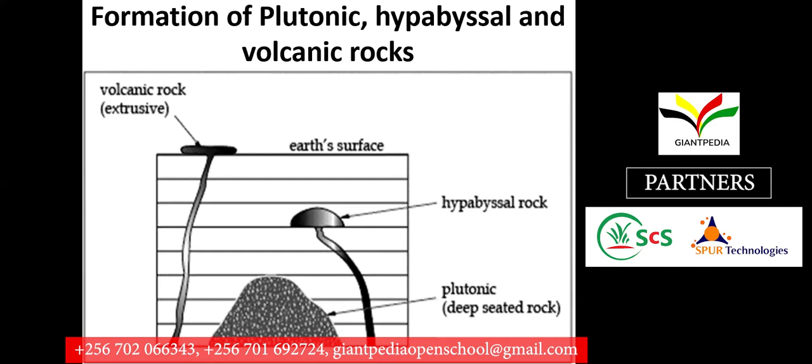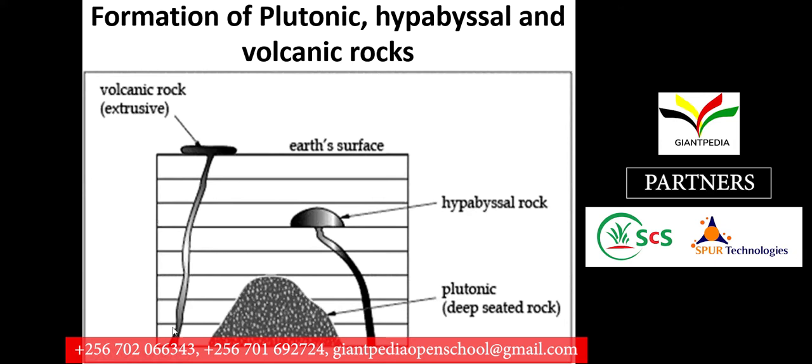Then there are those where the magma manages to come up and intrude itself through the crust, but before reaching the surface, it solidifies there to form hypabyssal rocks. The examples we said were dolerite and quartz porphyry, examples of hypabyssal rocks.